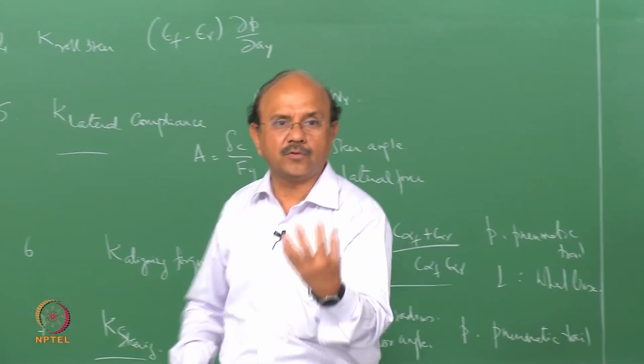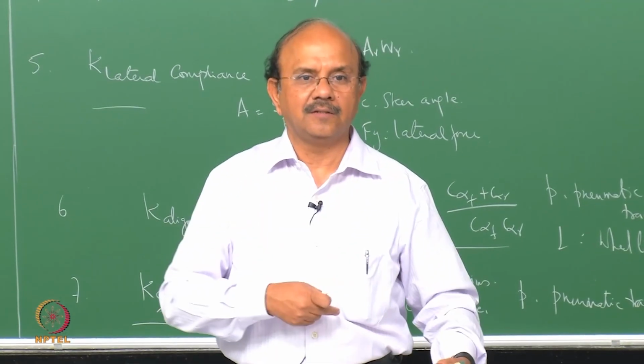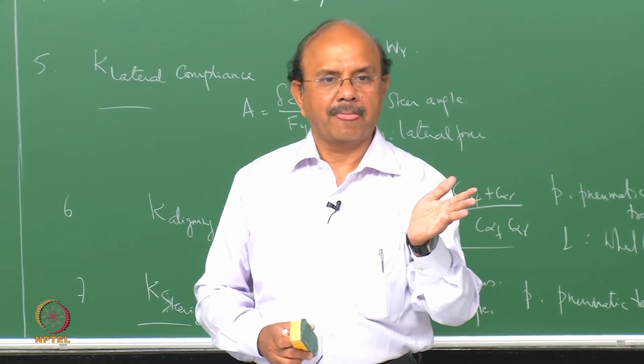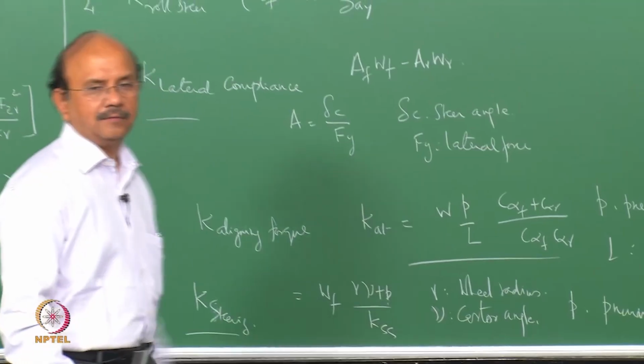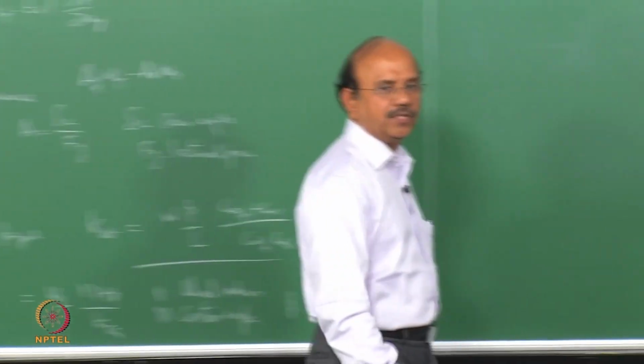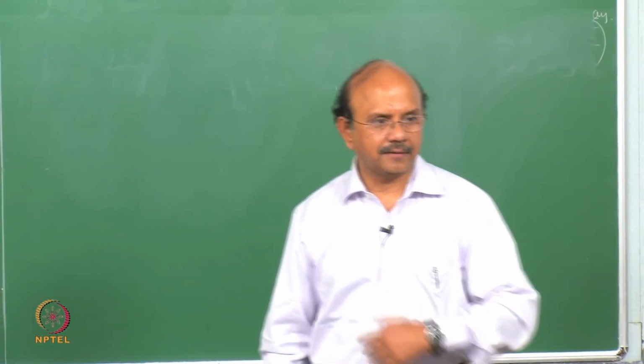What is positive to the front? The same force applied at the rear, because the yaw center is now shifted, will have a tendency to go to the right. So there is a difference. Here also the compliance of the steering system comes into the picture. That's very important, and we're going to see that as well.